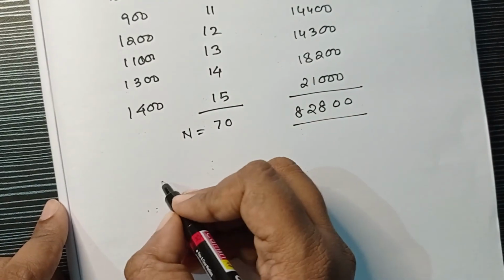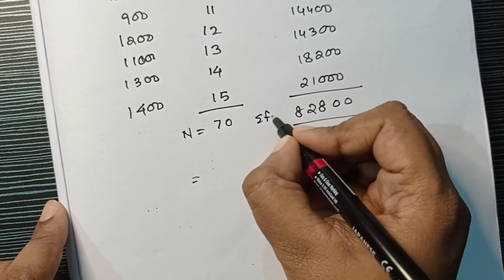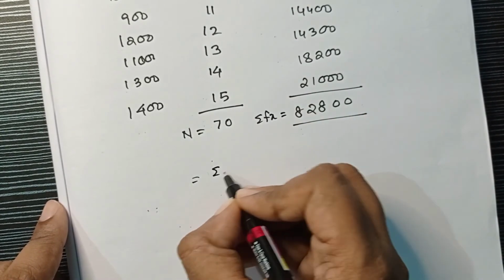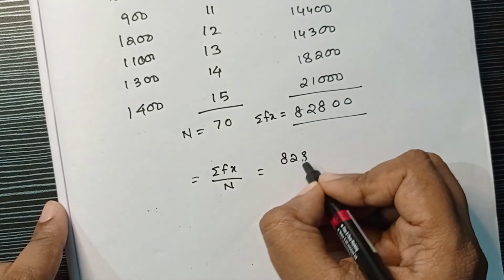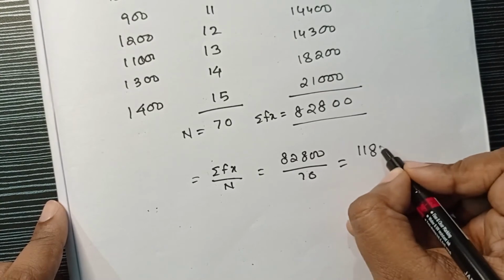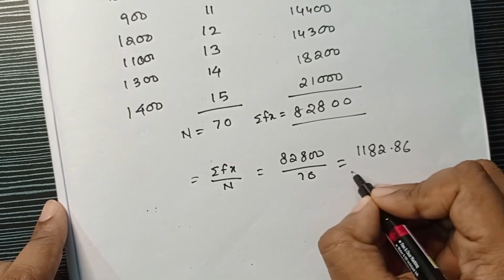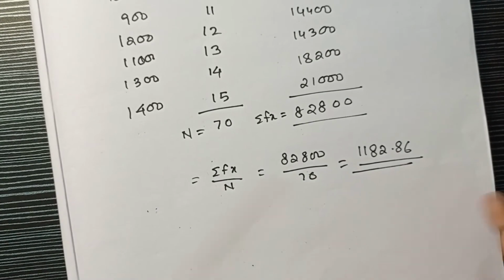Now we simply divide this, and we'll get our final answer, 1182.86. So I hope it is clear.